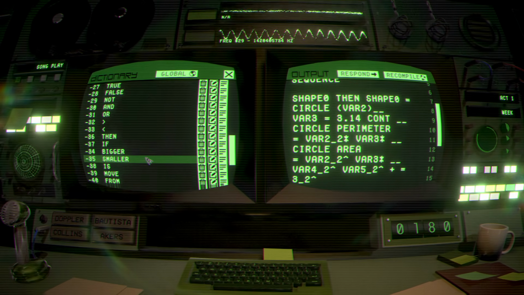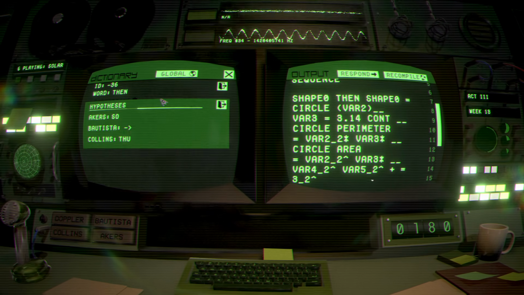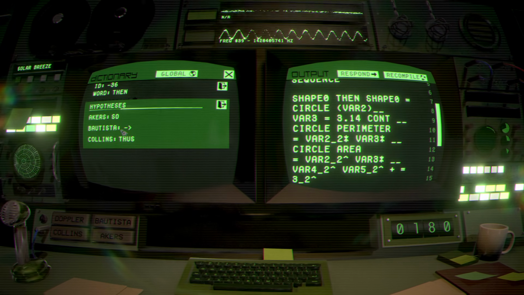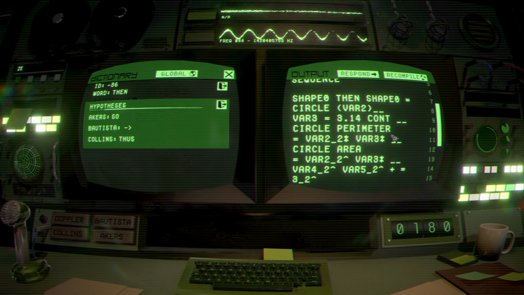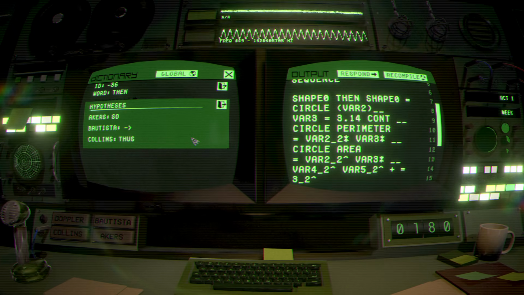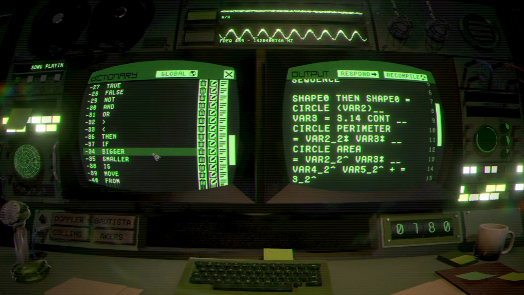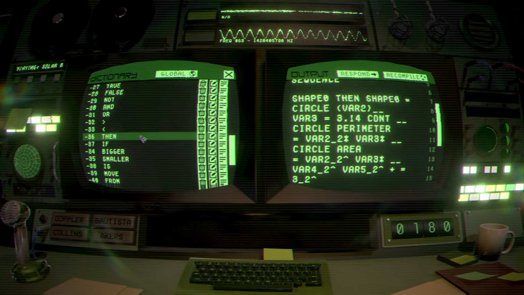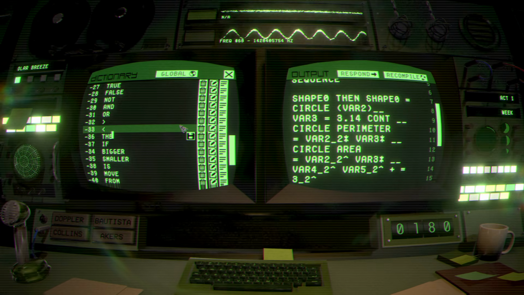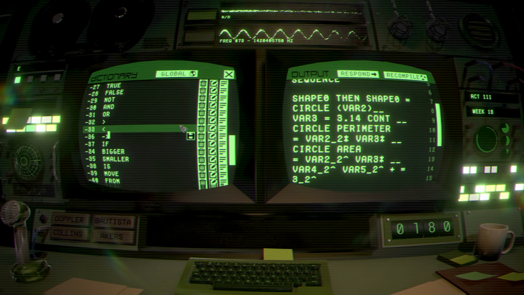Does "then" make sense? Are we missing something here? Getting lost in translation. So, thus, arrow. Let's look at this. Let's rename "then" to an arrow. Maybe that'll make this a little more clear of what we're looking at.